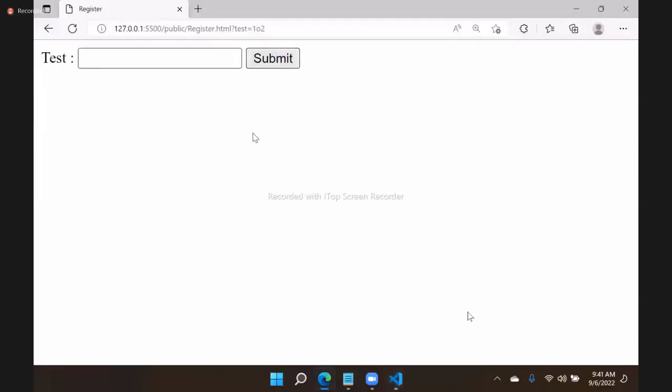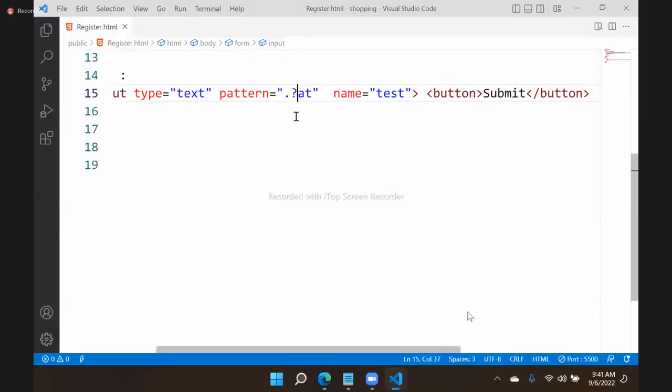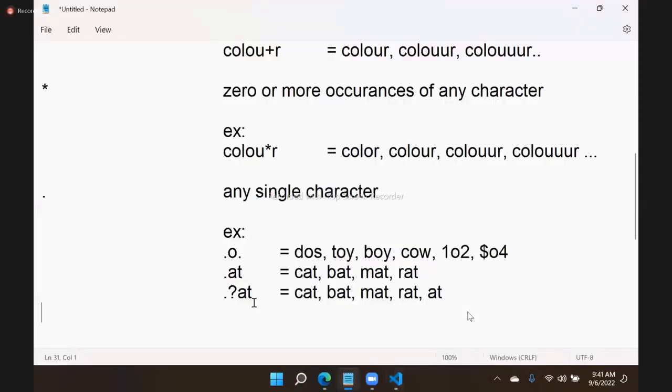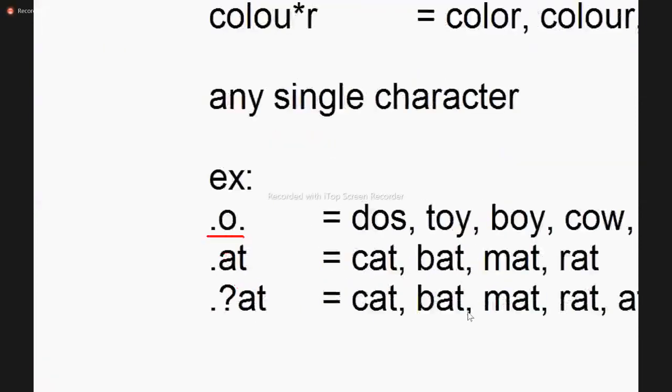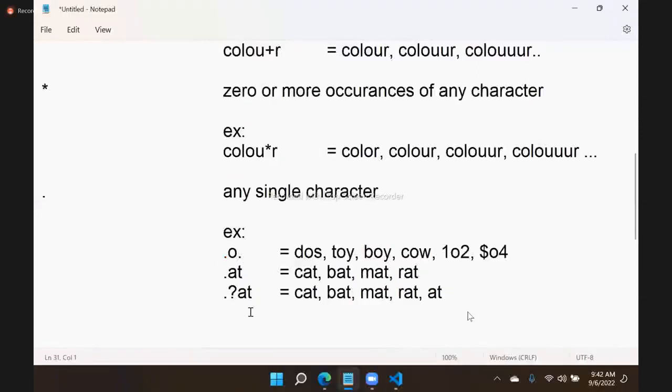Then you can see now I entered 80, and that is allowed, because this is 0 occurrence; question mark indicates 0 occurrence. That is how we have to use combinations. If you want a single character, then you can use it. You can add any number of times. You see, I am using 2 times, right? Dot before and after.